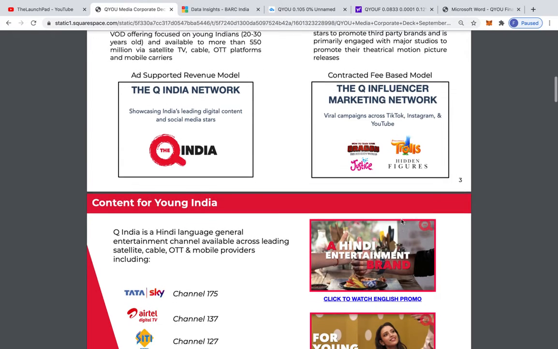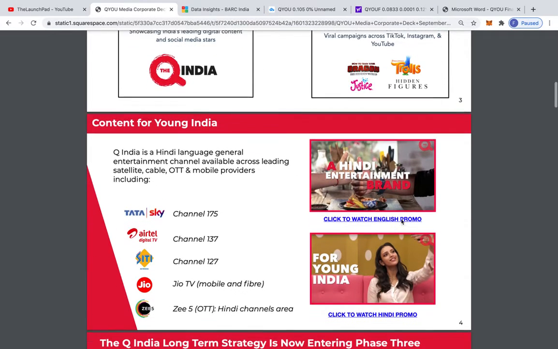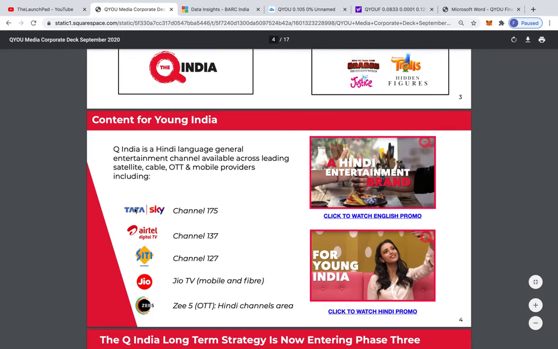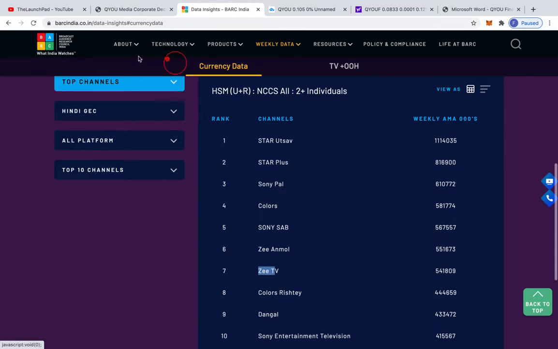So that's pretty cool. Now we're going to look here. They mentioned some of the channels that they are showcased on in India. Now I went ahead and looked into some of these channels on BARC ratings, which are the Broadcast Audience Research Council India.